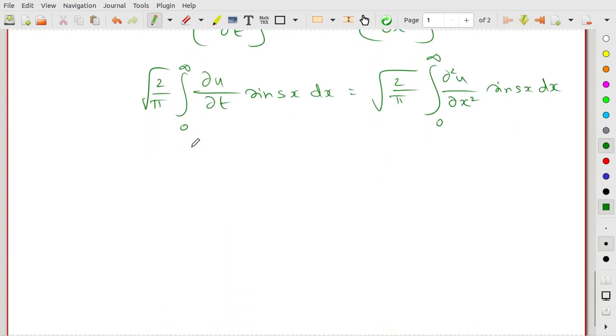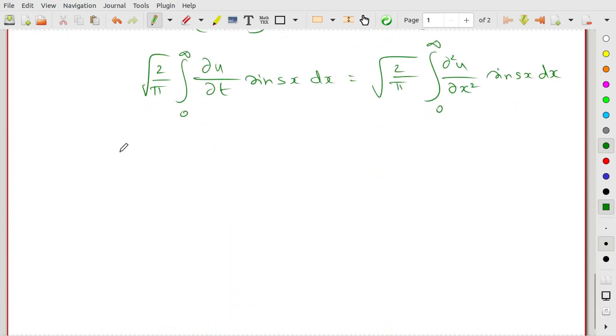Let me write it out. Fourier sine transform of dou u by dou t equals, let me write it again.